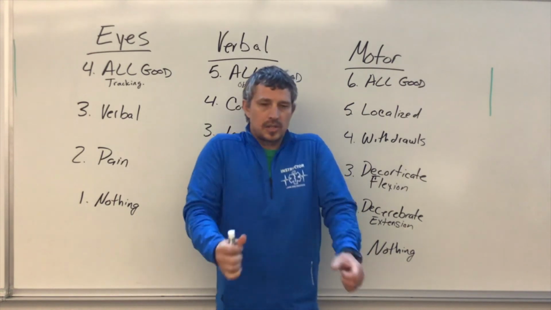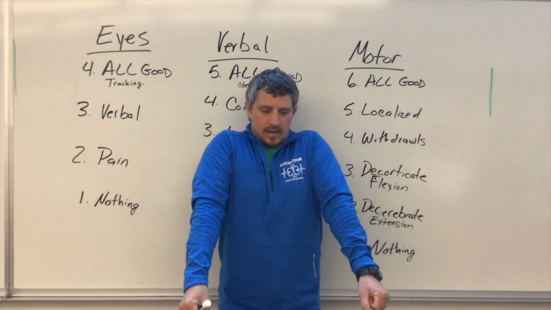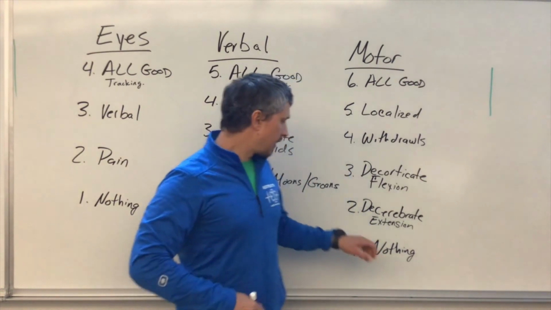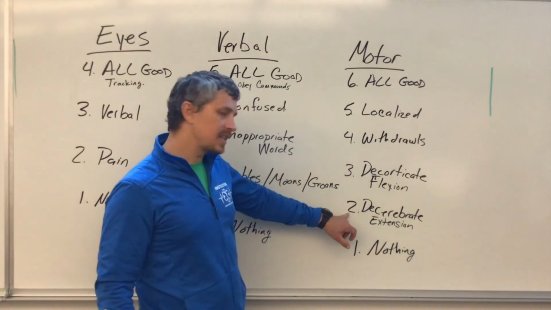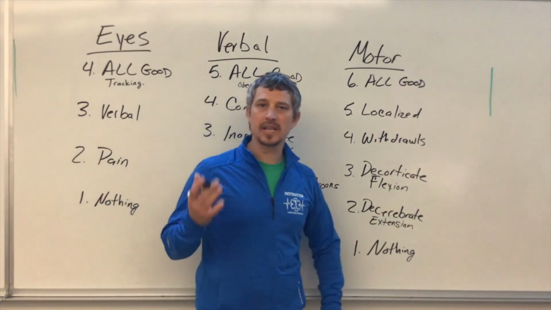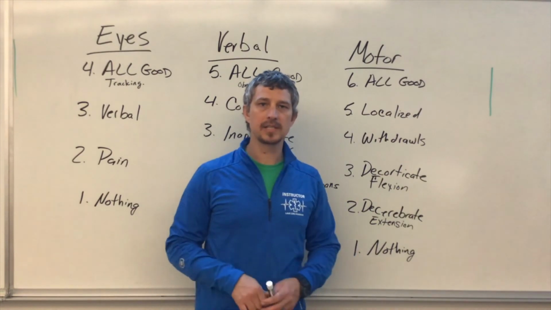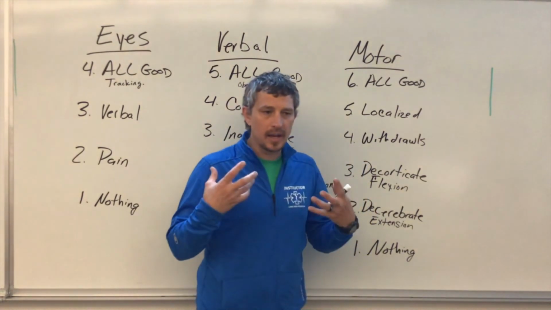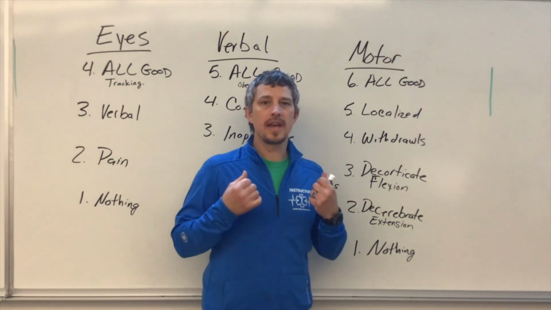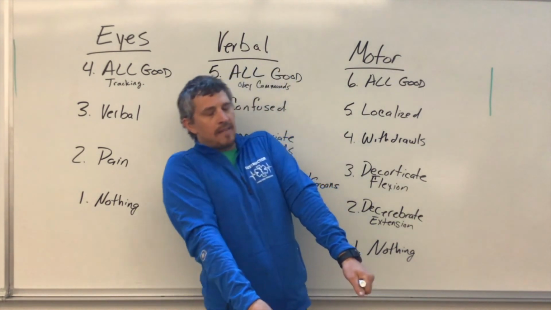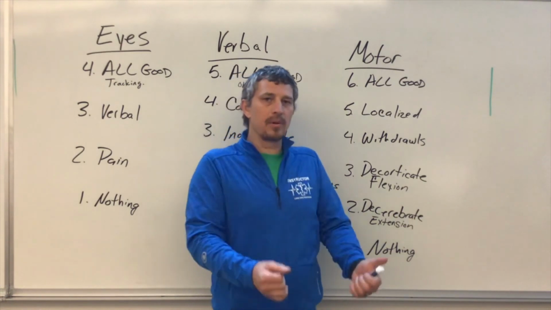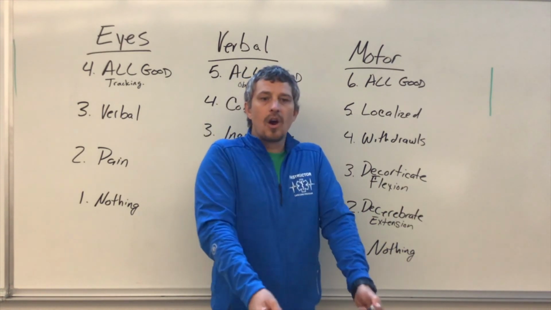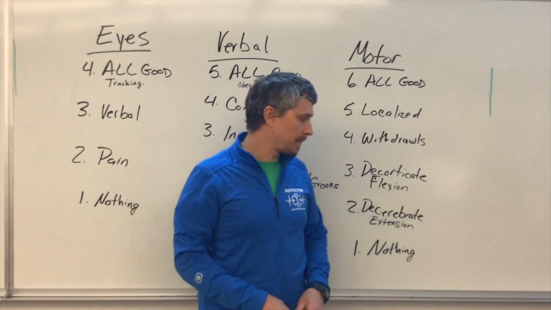So our extension is going to be everything is out, extended. I think the best example to see this is if anybody's watched MMA fights or boxing matches and you see somebody get knocked out, they don't just fall to the floor like a lump mass. They extend and fall over. So that's an example of our decerebrate posturing or extension posturing.